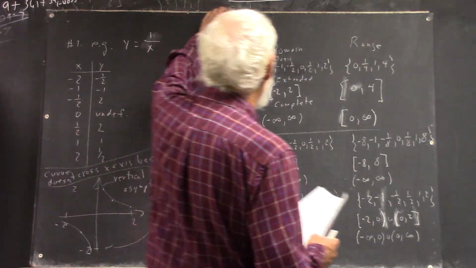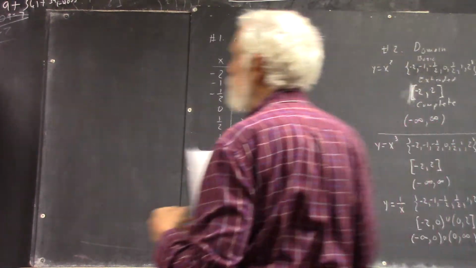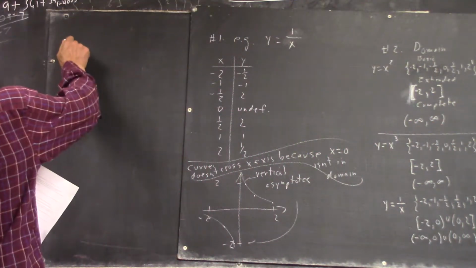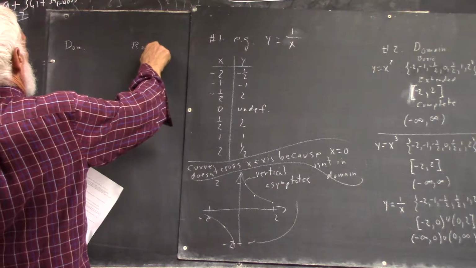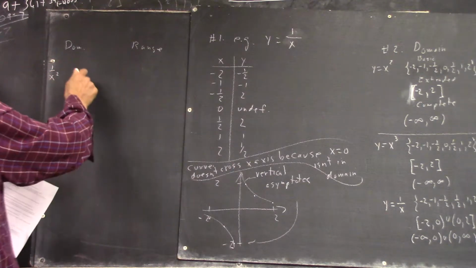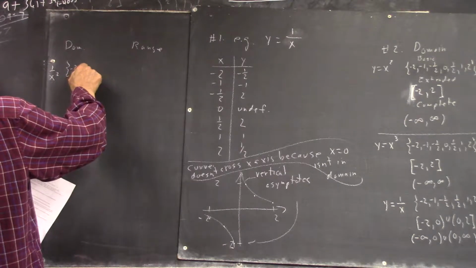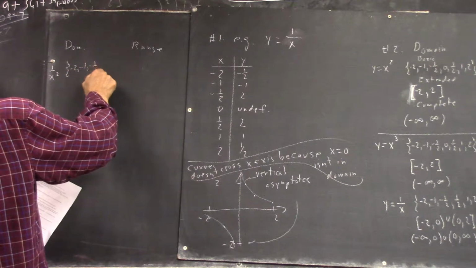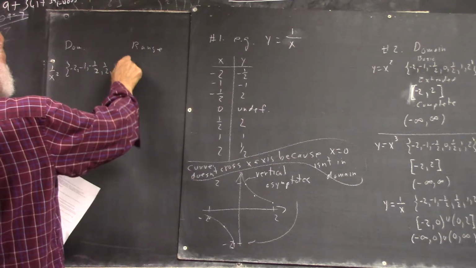Okay? Now number 2, put it on domain, range. The 1 over x squared function, your domain is again -2, -1, -1/2, 1/2, 1, 2.